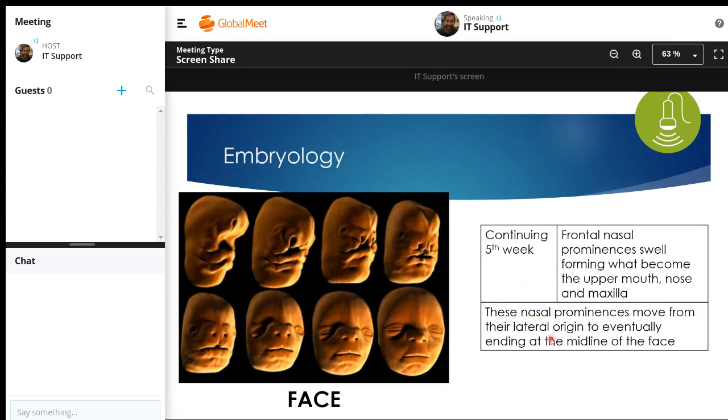These move from their lateral origin to eventually ending at the midline of the face, just like the eyes. They start lateral here, and they slowly move in towards the midline. Along with the eyes, they go at the same speed to get to the middle of the face where they should normally be.